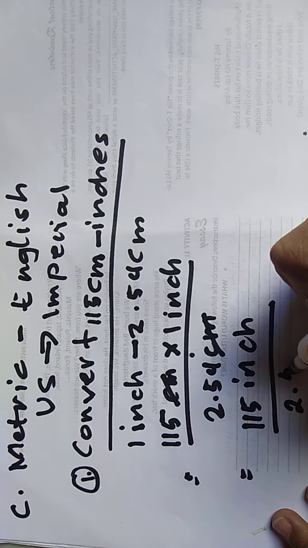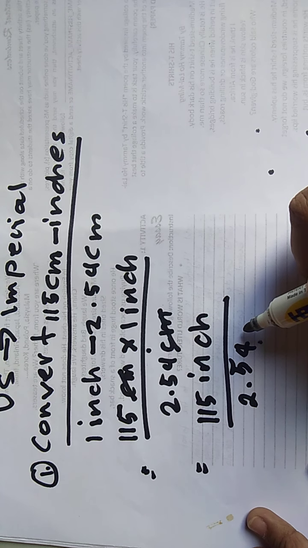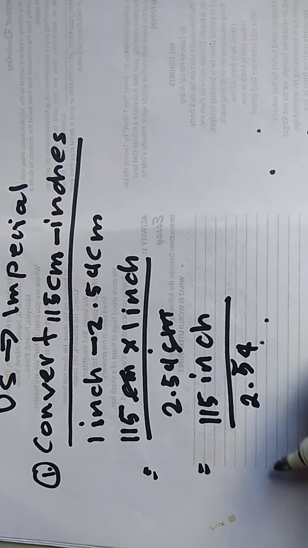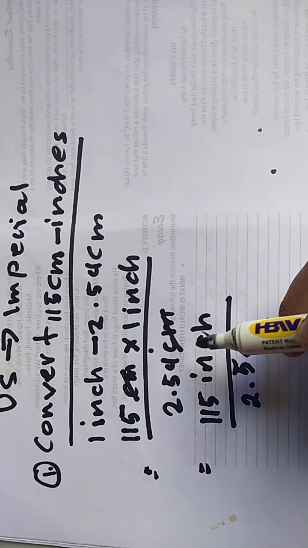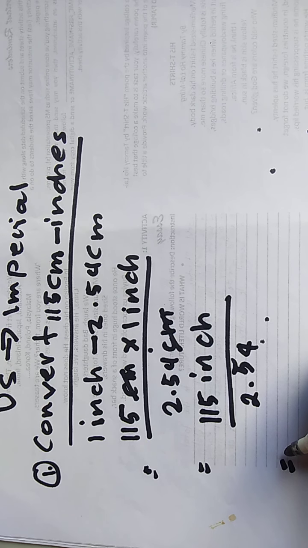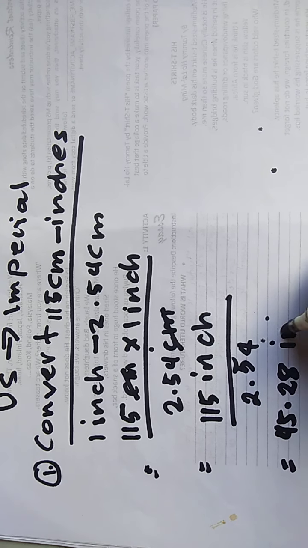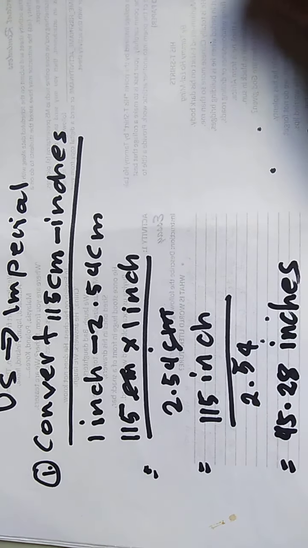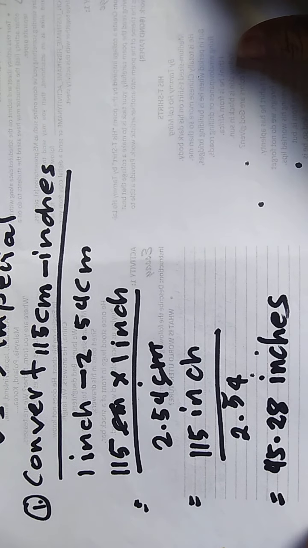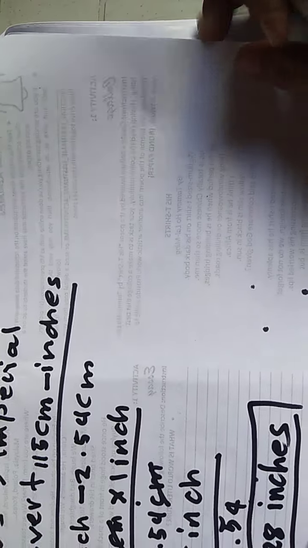Divided by 2.54. Ano po? So, 115 inch divided by 2.54, the answer will be 45.28 inches. Ayan. So, that is the answer in example number 1.